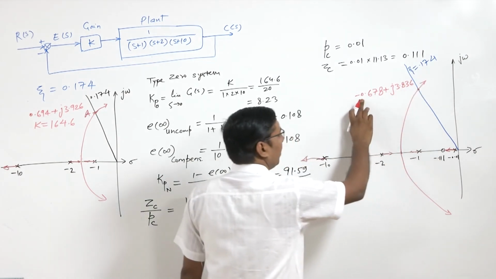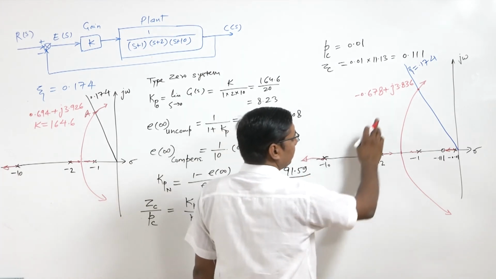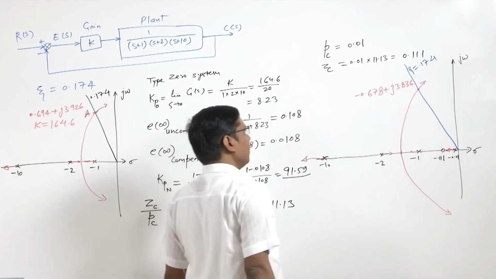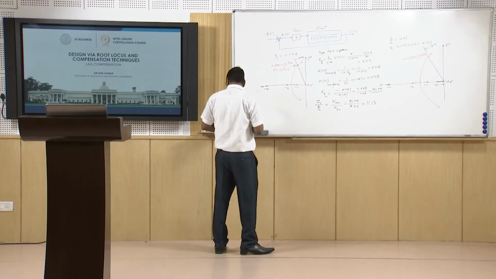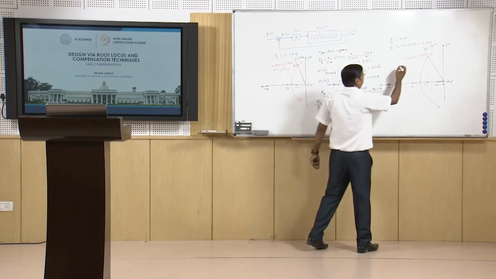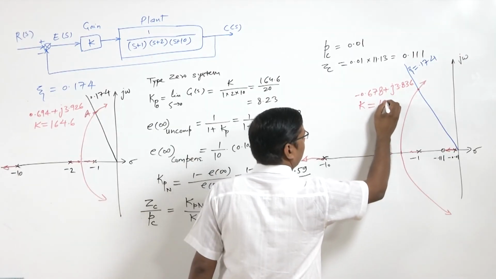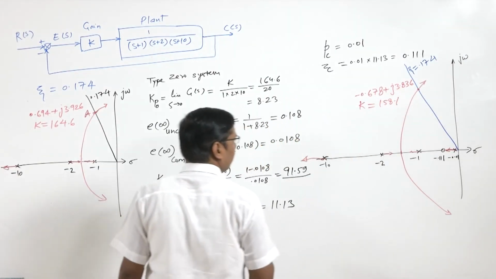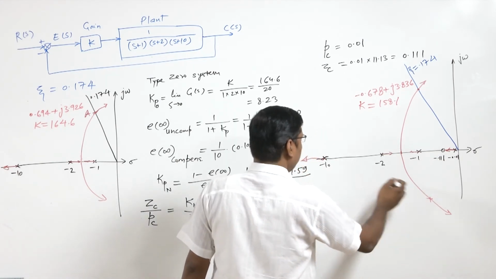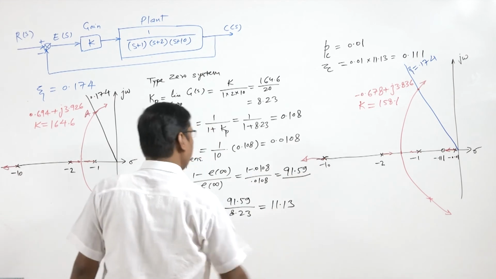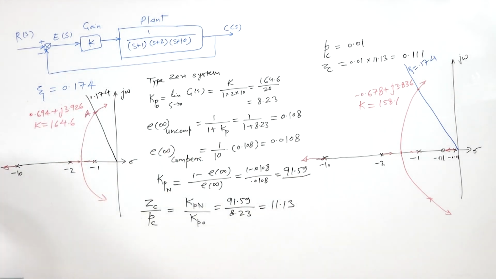It is cutting at minus 0.678 plus j3.836 for the value of K equal to 158.1. Of course, there will be another point, and the other pole will come to this side.